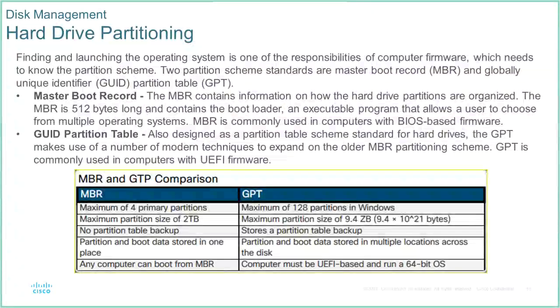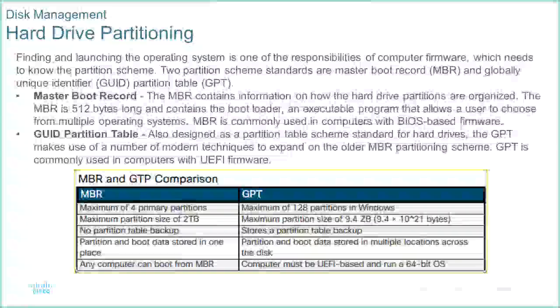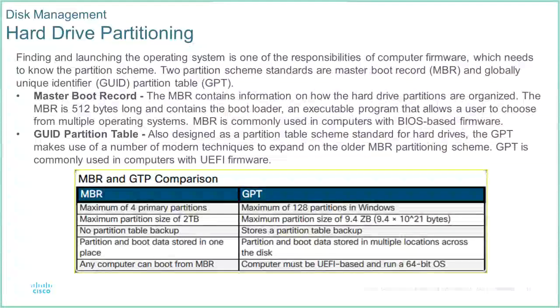There are restrictions on the storage size, the maximum size of the partition, and the number of partitions that those records can control. So here we've got MBR saying 4 primary partitions up to 2 terabytes each, whereas GPT has 128 partitions with 9.4 zettabytes.